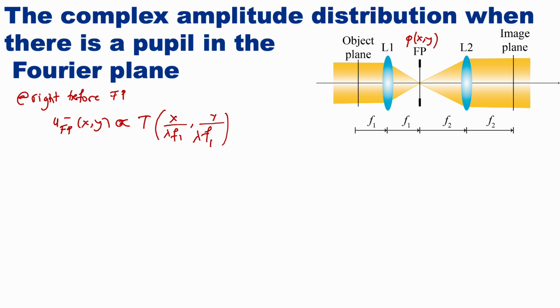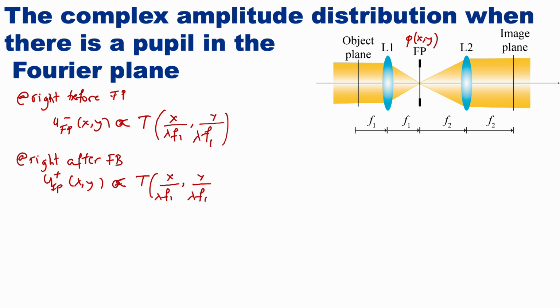And now what we have right after the Fourier plane, and again I'm going to write proportional because we're going to ignore some constant terms and a spherical waveform, we just want to see the role, is that we have this convolved with our mask.